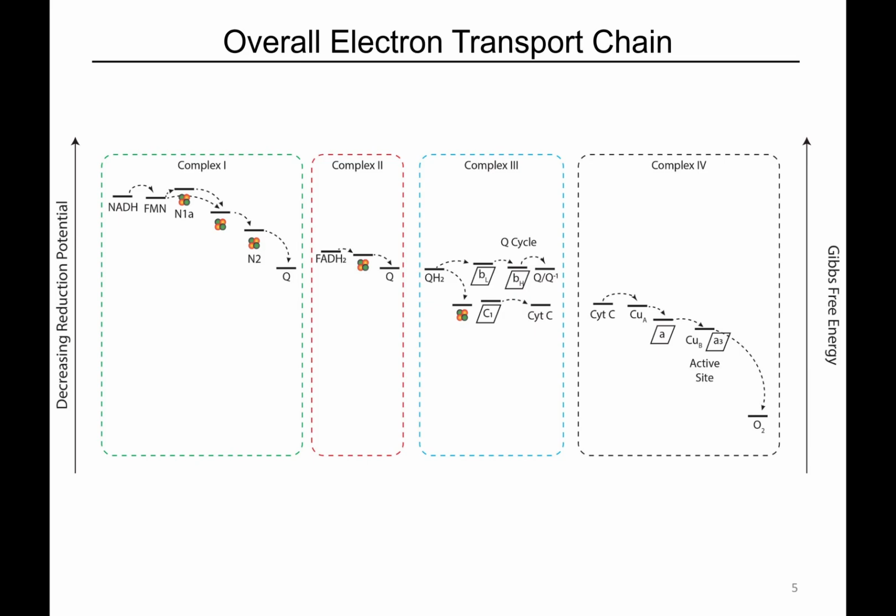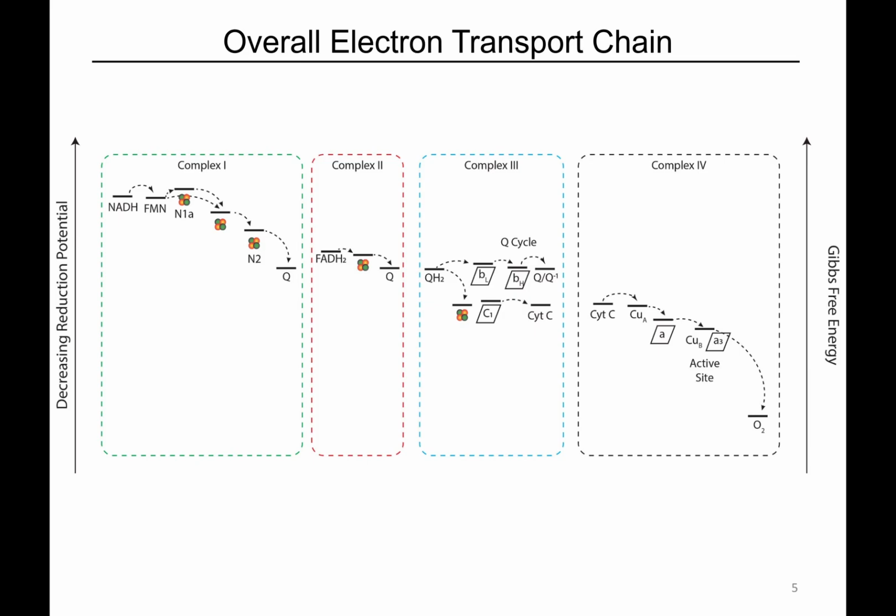So electrons from NADH are first passed to this flavin mononucleotide. The chemistry of FMN is identical to the chemistry of FAD. Okay, it's able to have a stable radical, which is important because we are transitioning from a 2 electron carrier to 1 electron carriers. All of our iron sulfur clusters in complex 1 are single electron carriers.